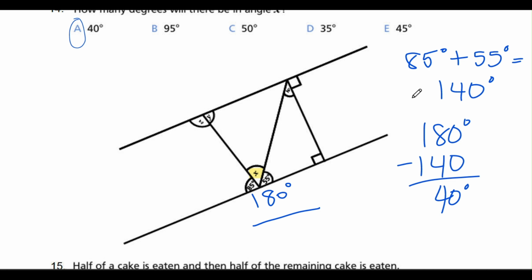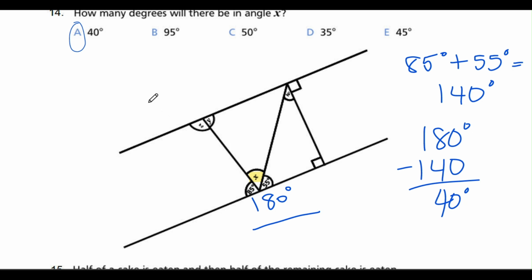We had the equation 180 degrees minus 140 degrees equals X, which equals 40 degrees. So our conclusion is this. Using what we know about geometric principles and the numbers in the diagram, the value of angle X is 40 degrees. Why aren't the other options correct? Well, it's because they're the wrong calculation.